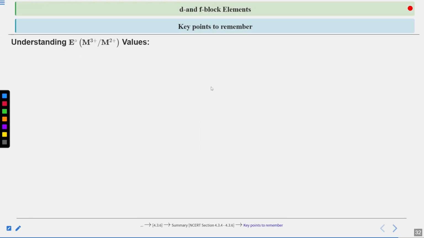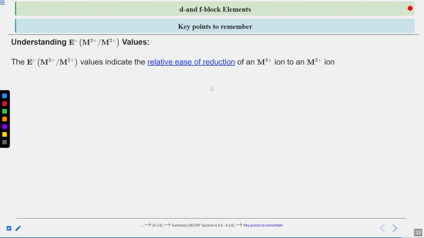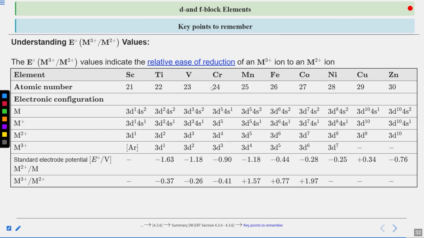And understanding the E naught values, M3 positive to M2 positive. E naught value indicates the relative ease of reduction of M3 positive ion to M2 positive ion. And we have observed this table where the 3D series are given from scandium to zinc, and their E naught values are given for M2 positive to M and M3 positive to M2 positive.